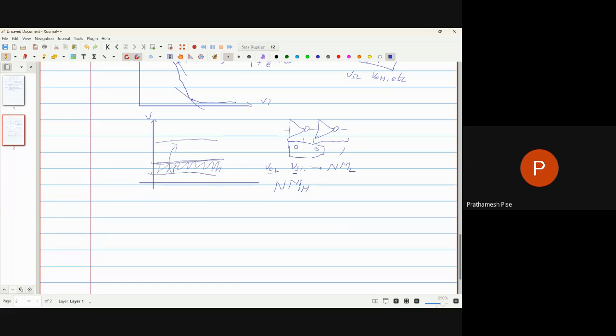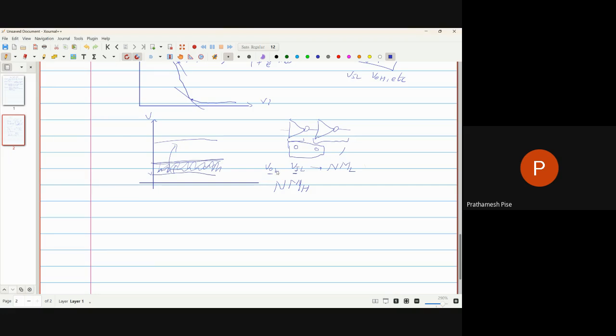It is just the difference between the output of the previous gate that is considered as logic low and the voltage input that is considered as logic low. The difference in those two, this region, is the noise margin.